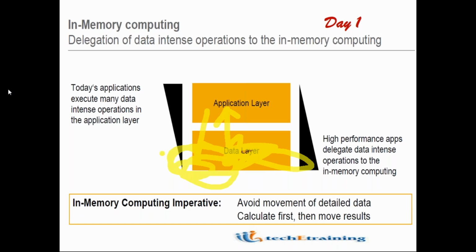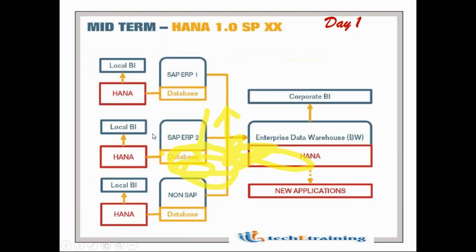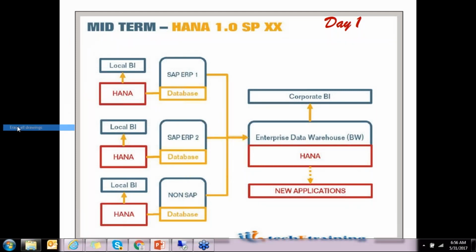So, an introduction to HANA. We know about BW HANA. What is BW HANA? BW HANA means the sidecar approach. Apart from the ERP system, in parallel we maintain a HANA system.